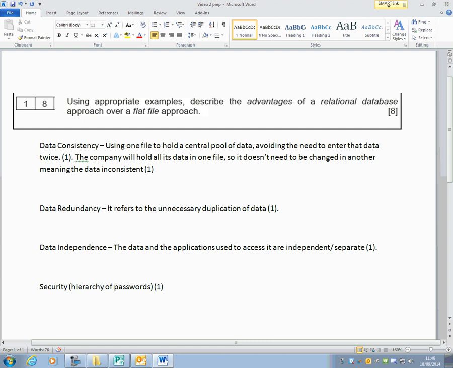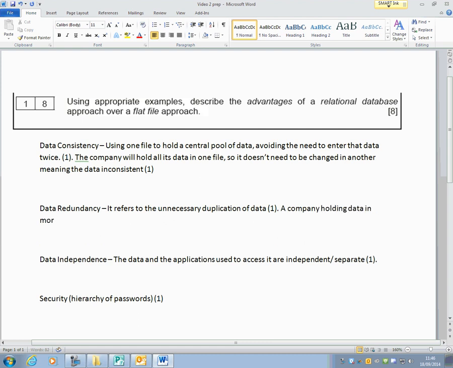So you want to say there that a company holding data in more than one file will need to update the data in multiple locations, which is obviously the opposite of data redundancy, which is that we only want to enter that data once. So your example is, if they do have more than one, what are they going to need to do? They're going to need to update that data in a number of locations.